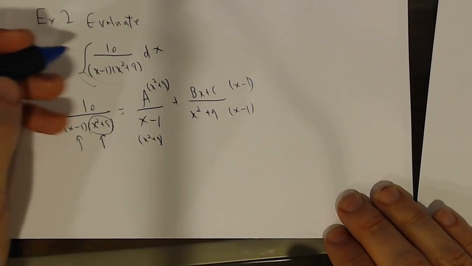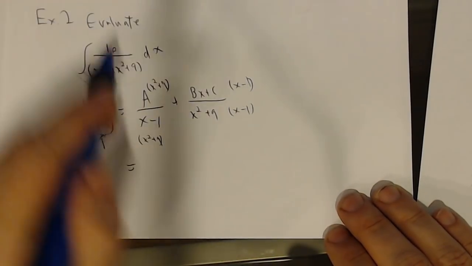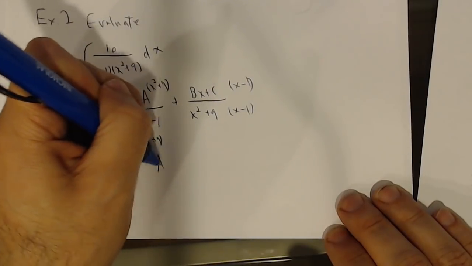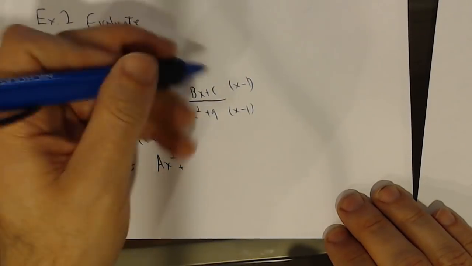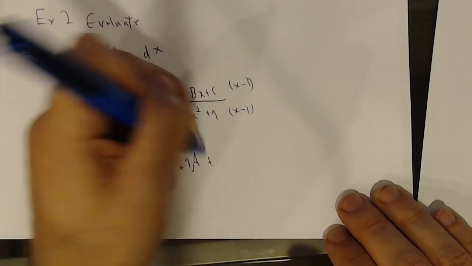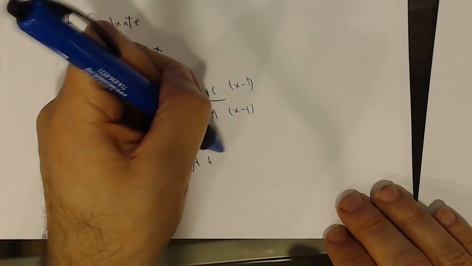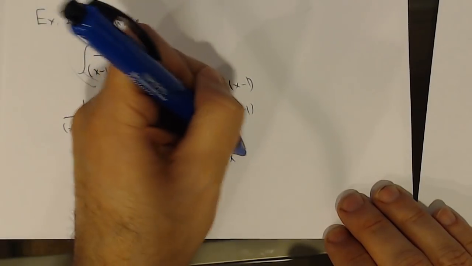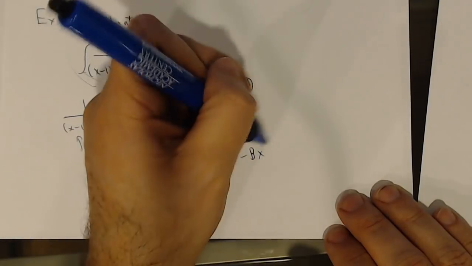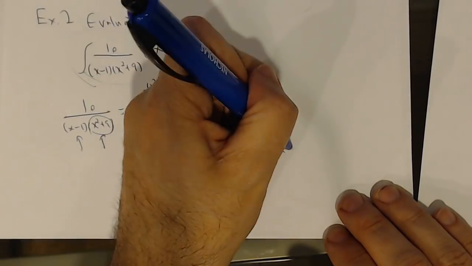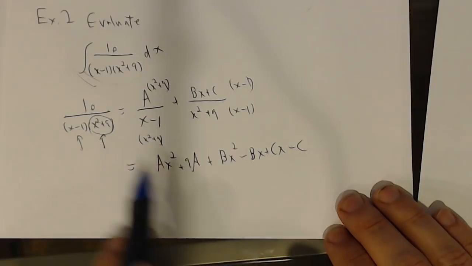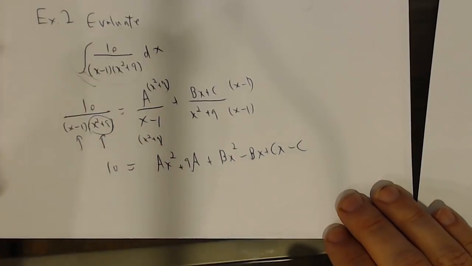So what do I want? I want this right side, which if I distribute is ax² + 9a + bx² − bx + cx − c, to equal 10.